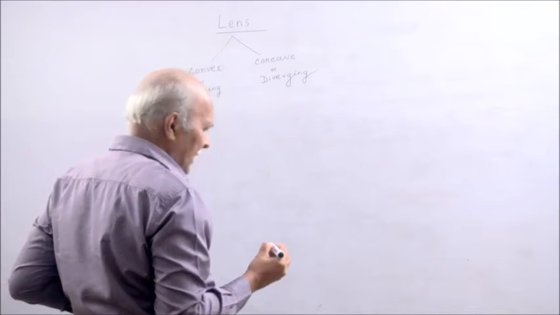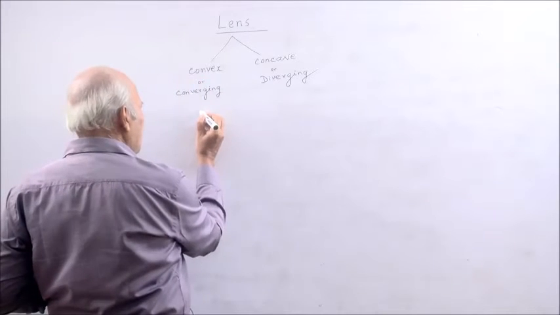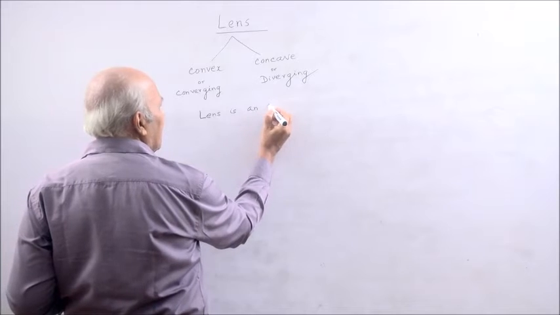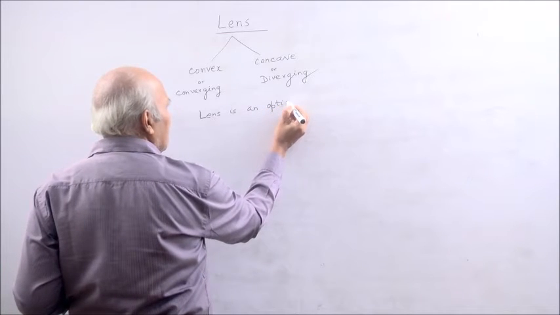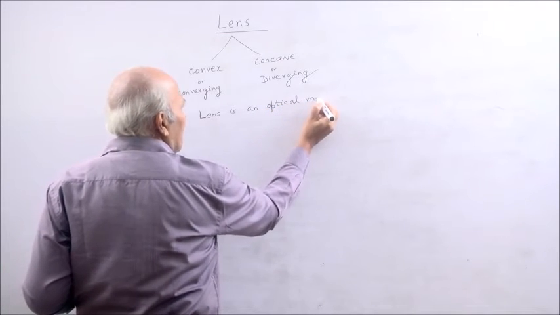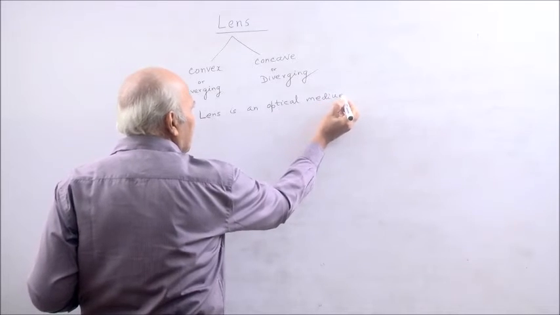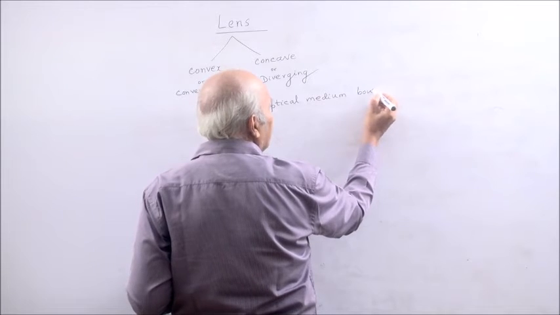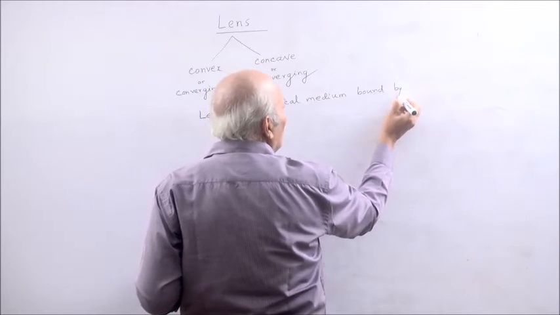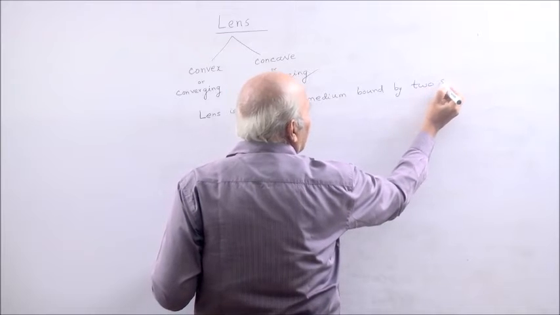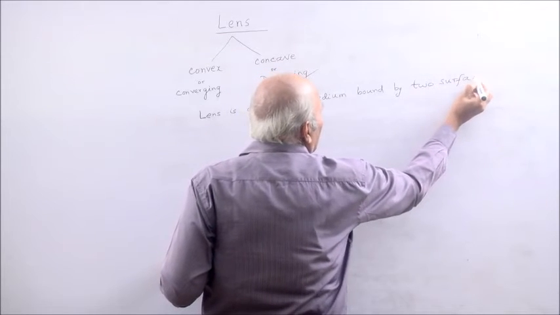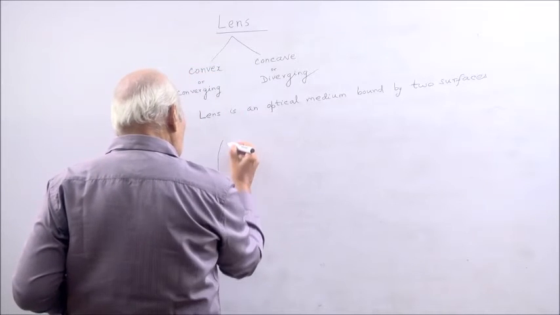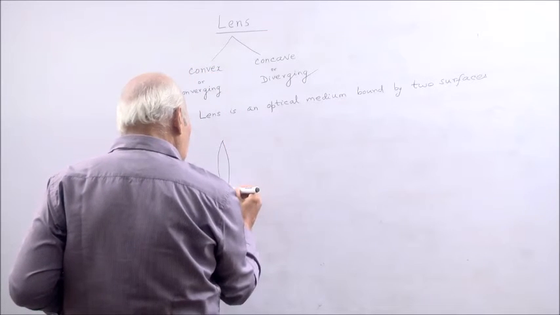So, what is the definition of lens? Lens is an optical medium bound by two surfaces. You see, this is a convex lens.